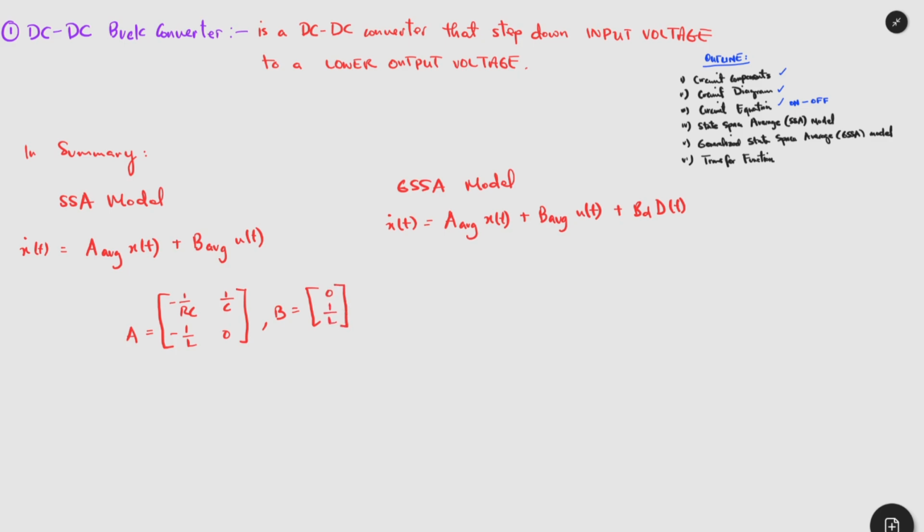Since we have this 1 on L, in a state space averaging model we are only looking at one switching cycle where S equals 1. So we can substitute this equation to generate a state space averaging model and the generalized state space averaging model.